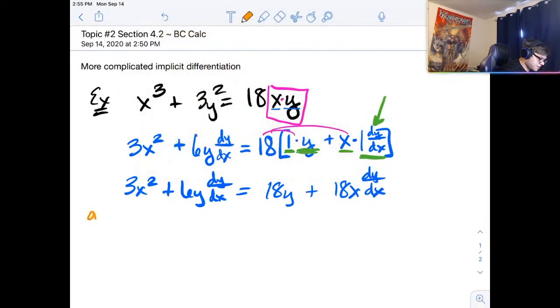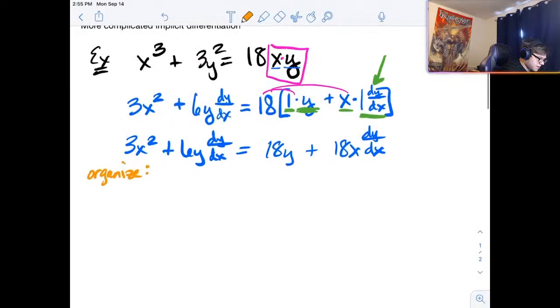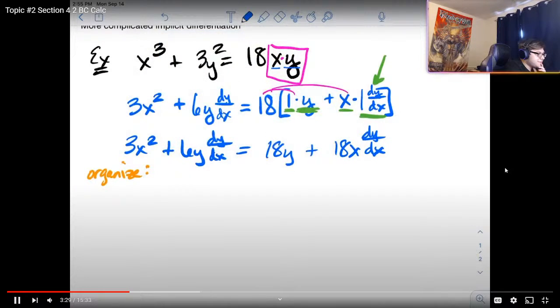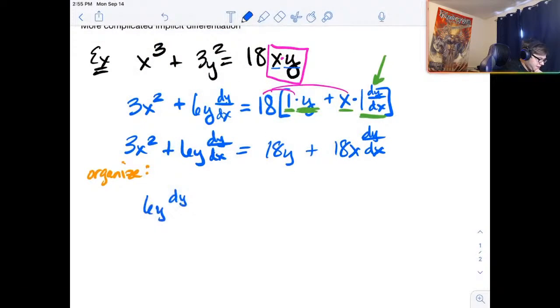Now we need to hit the organizing moment in our equation here. Let me write it down. I have to take good notes and it's going fast. That's okay. So remember, that means that anything that has a dy/dx on it needs to be shoved to one side of the equal sign. So I probably need to subtract that term over, subtracting over 18x dy/dx.